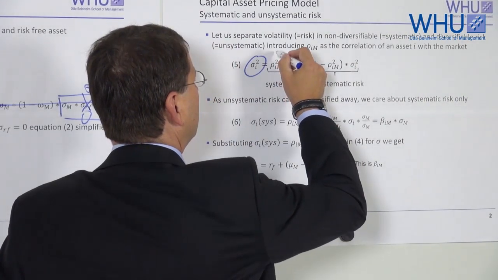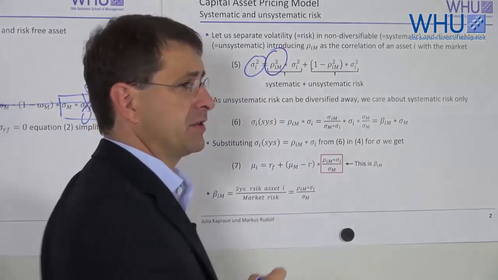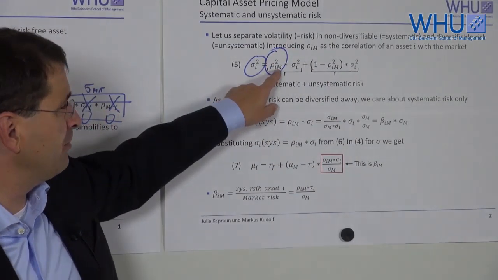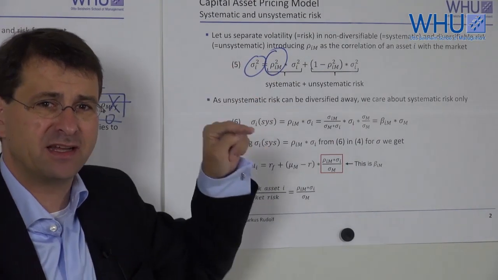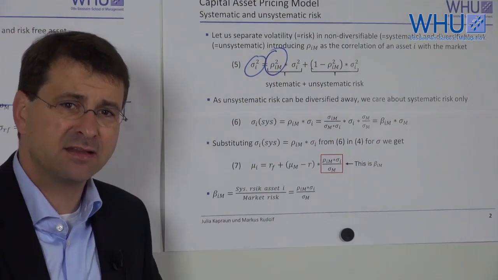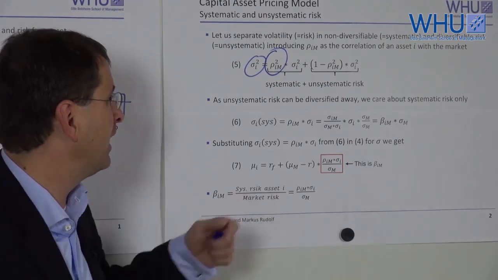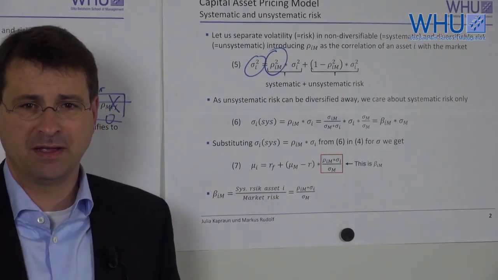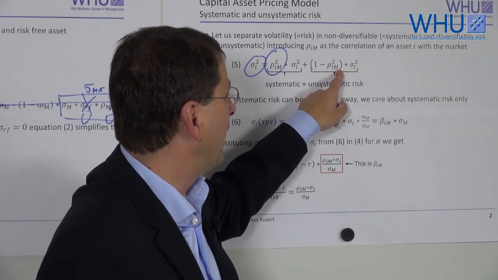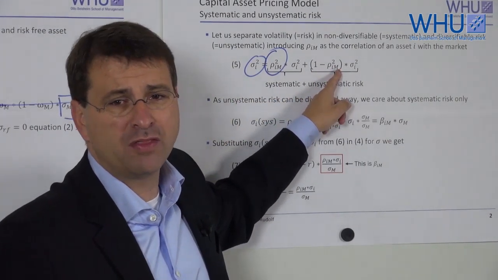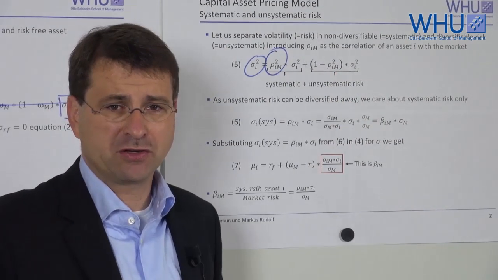One component is the rho Im squared component. Rho Im is the correlation coefficient between the returns on that particular asset I and the portfolio M, and rho Im squared is this expression squared. The other component is 1 minus rho Im squared, which is 1 minus that squared correlation coefficient.